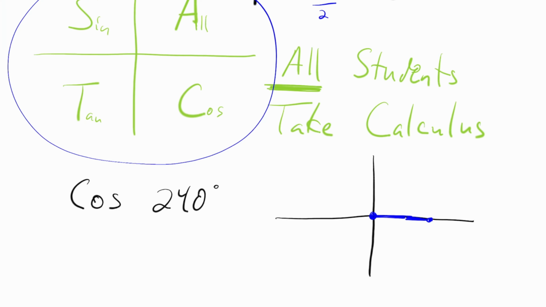It's going 240 degrees from where it starts, but how much further than 180 to get to 240? Oh, yeah, it's going to go 60. 60 further. So I'm just going to draw that, approximately 60 degrees further. Do you see what I'm saying? Yeah. All right.